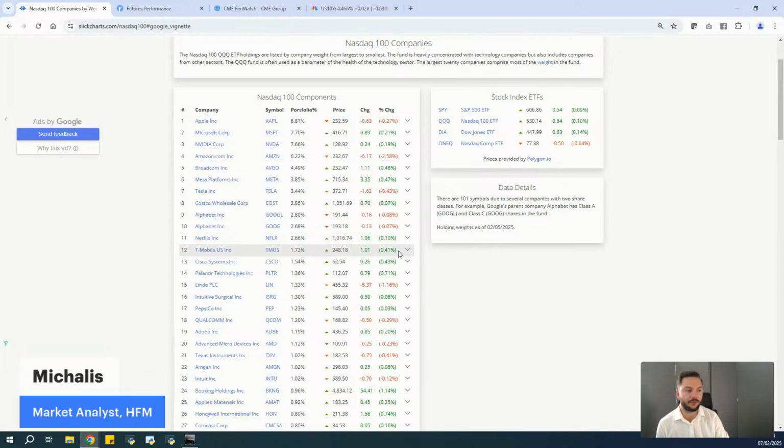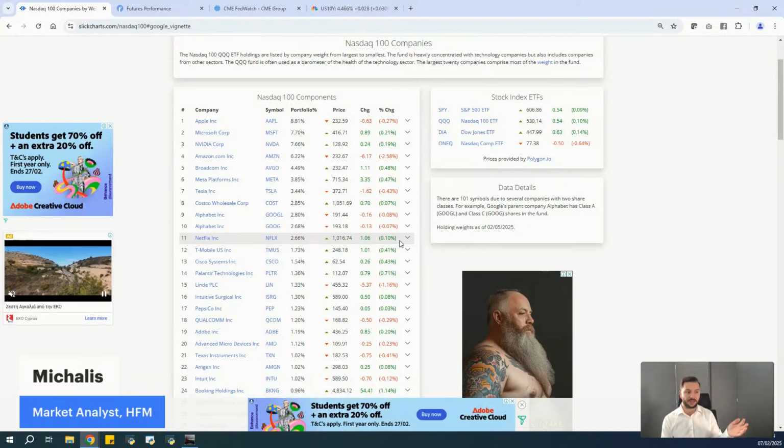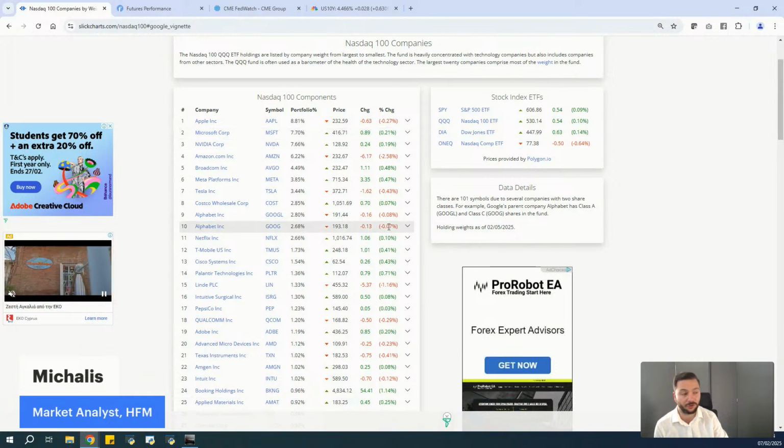Some people will say, from those 11 stocks, how many are increasing in value? How many are decreasing in value? For example, if I want to speculate upward price movement, I want at least 7 of those increasing in value. At the moment, including Netflix, we have 1, 2, 3, 4, 5, 6. So not quite 7.